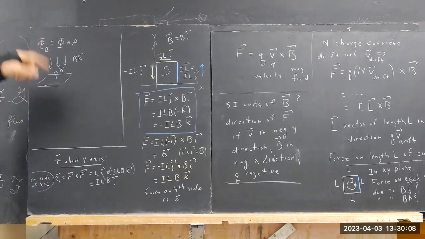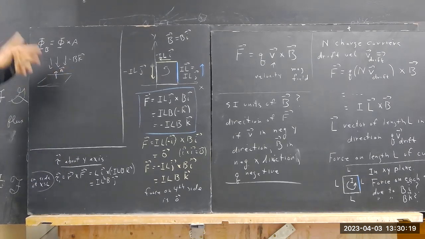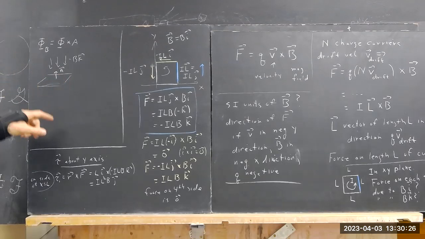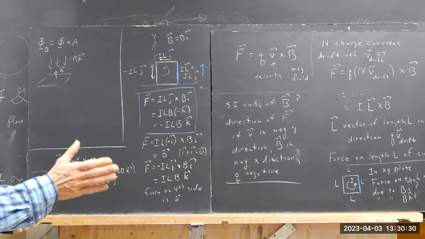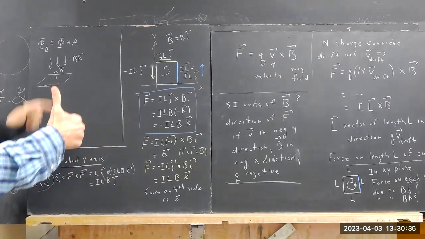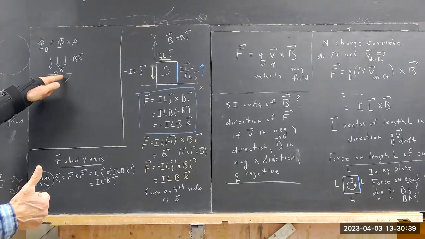But if anybody's listening that doesn't have multivariable calculus, just a vector perpendicular to this surface. The surface enclosed by this rectangle, or area, could be a circle, could be anything. Okay. And such that if you put your right hand around the boundary, you get the direction of your normal.